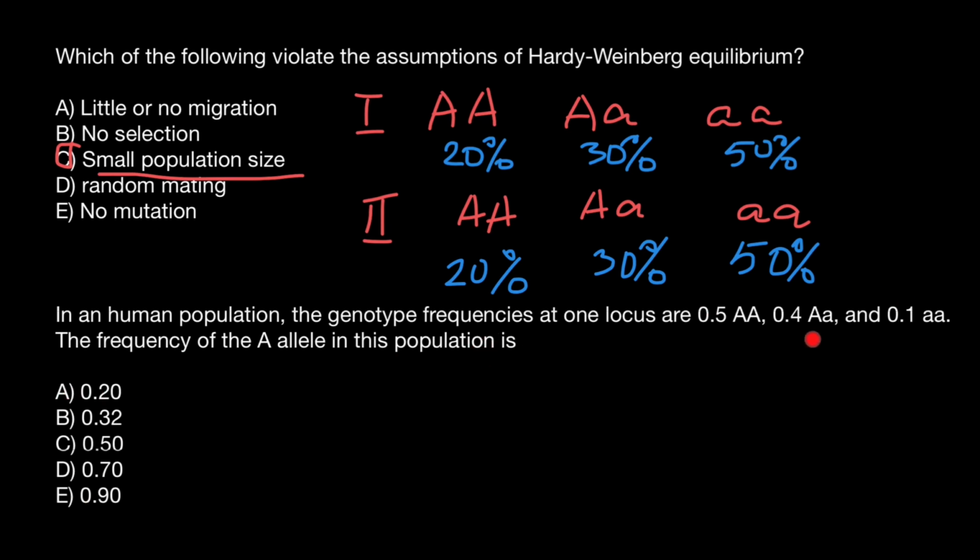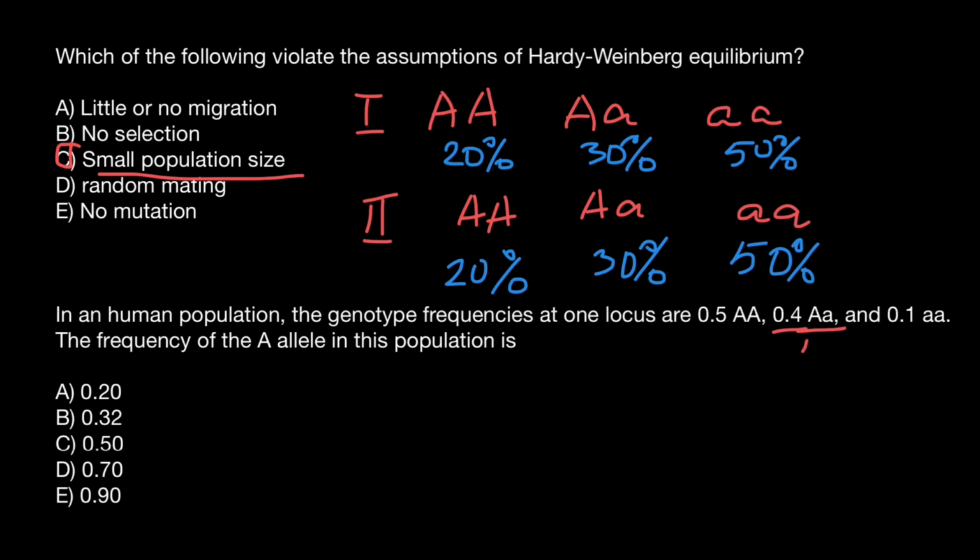Take a look. These three genotypes are made from only two alleles: dominant allele A and recessive allele a. The heterozygous genotype is made of two alleles with a frequency of 0.4 or 40%.